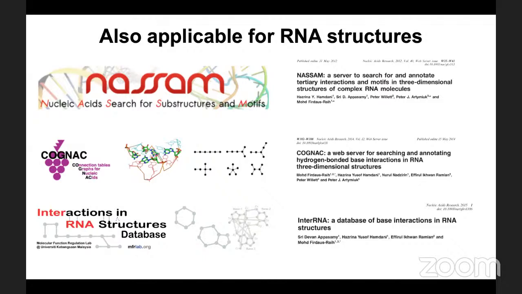And another one called Cognac, which basically looks at clusters of hydrogen bonded bases. And we use these 2 programs to annotate RNA structures in the PDB, the results of which we present in what we call the internal database, or interactions in RNA structures database.